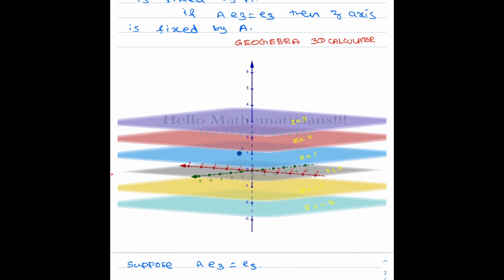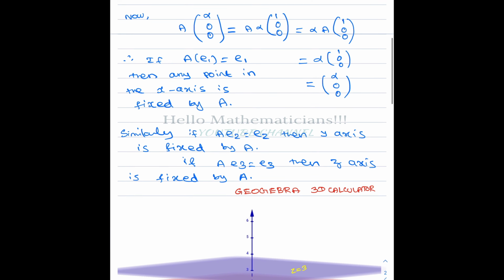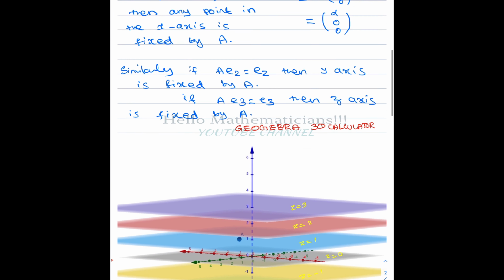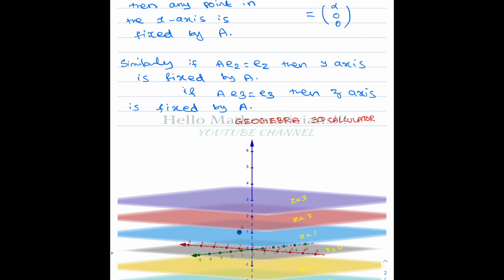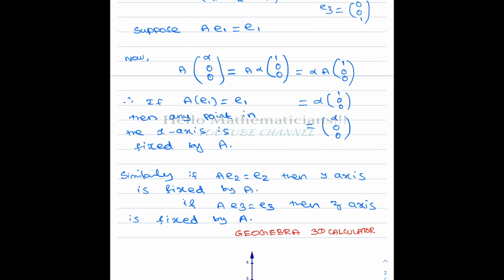Assume that the red arrow is the x-axis, the green arrow is the y-axis, and the blue arrow is the z-axis. Now, any point on the x-axis will be of the form alpha, 0, 0. Since the point is on the x-axis, its y coordinate is 0 and its z coordinate is 0.